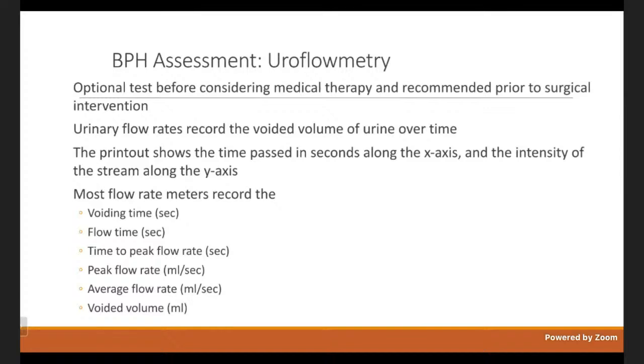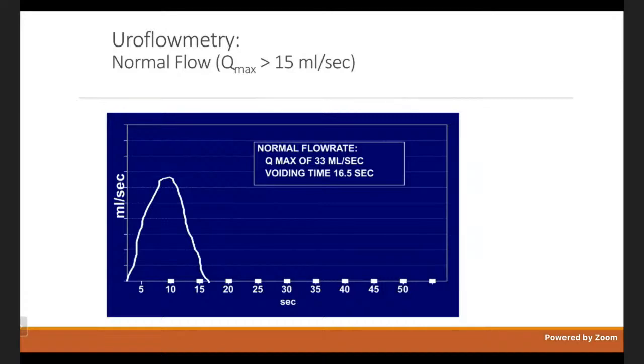We get a printout which shows the time in seconds along the x-axis and the volume and intensity of the stream along the y-axis. In uroflowmetry, we get the voiding time, flow time, time to peak flow, peak flow rate, average flow rate and voided volume.